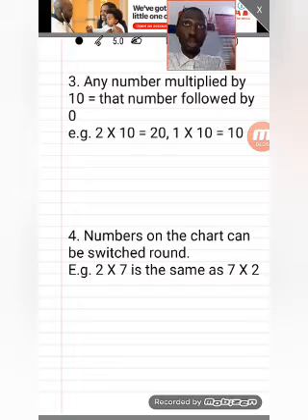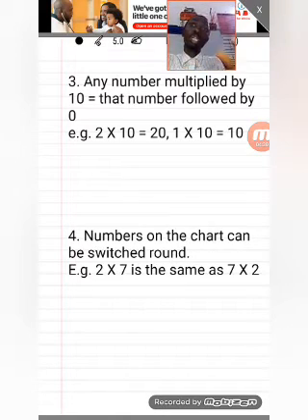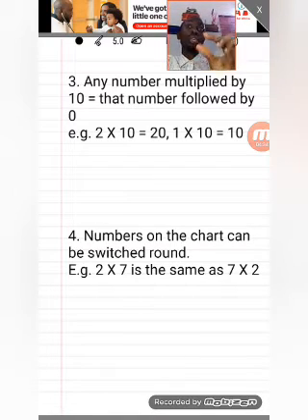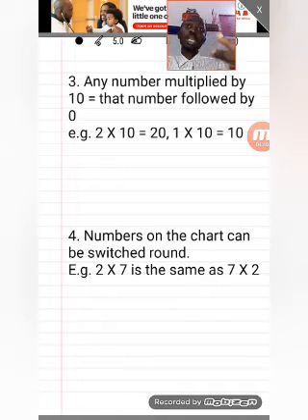For example, look at 2. 2 multiplied by 10 would give you 20. So any number multiplied by 10 will give you that same number with a 0 behind it. Look at it, 2 multiplied by 10 will give you 20.